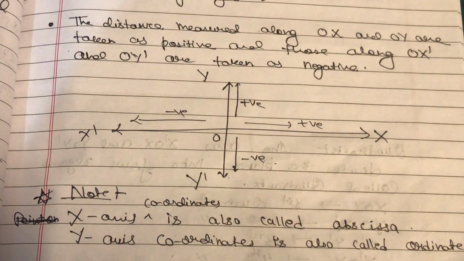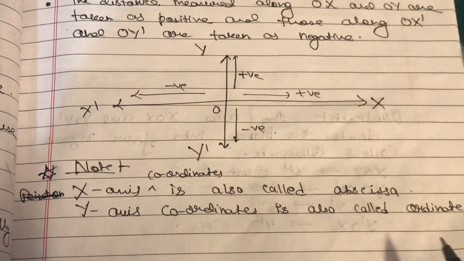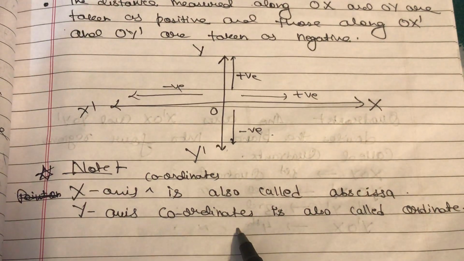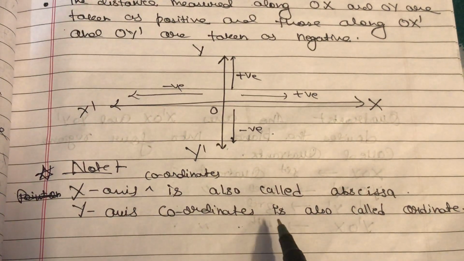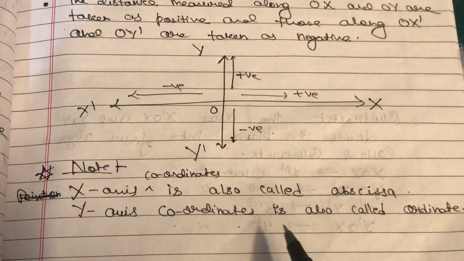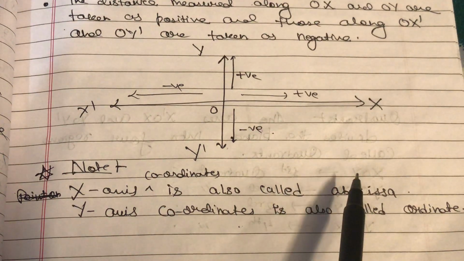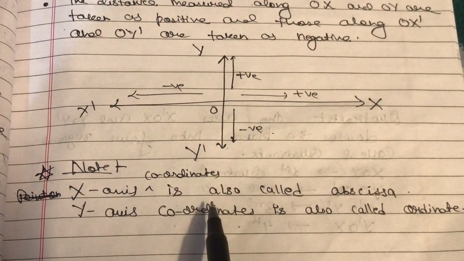Instead of that, they'll say abscissa. So x coordinate means abscissa, and y coordinate is known as ordinate. So in place of y coordinate, I can say what is the ordinate of that particular point, which means that I am talking about the y coordinate, right? So a point has both an x coordinate and a y coordinate.